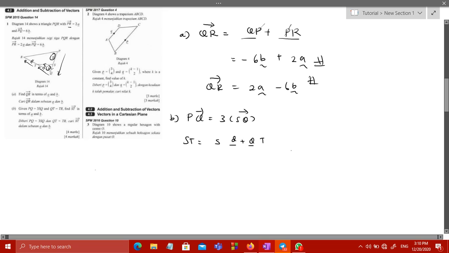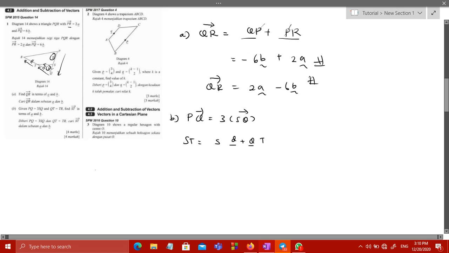SQ plus QT cancel and get ST. You can see that? That's our trick. How to find the Q over here is you just look at the diagram, what is the relation between S and T. We have Q, so put Q over there. So that's how.